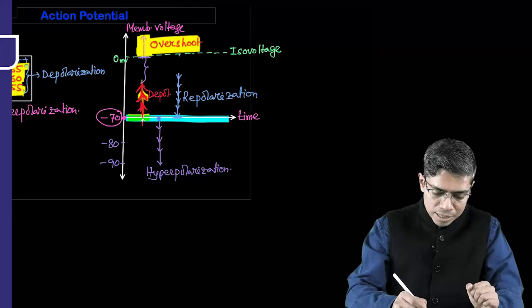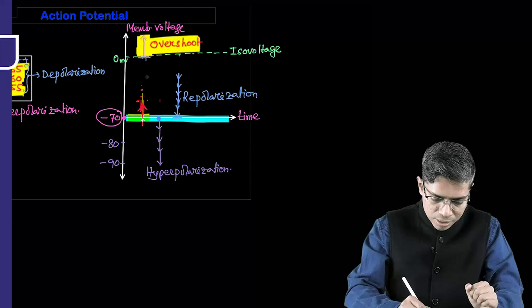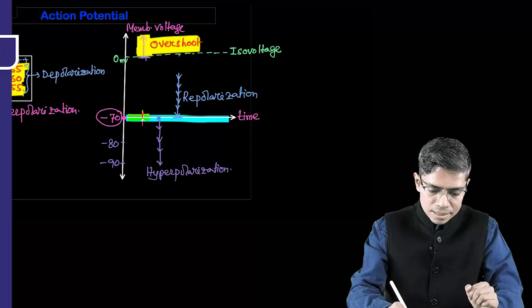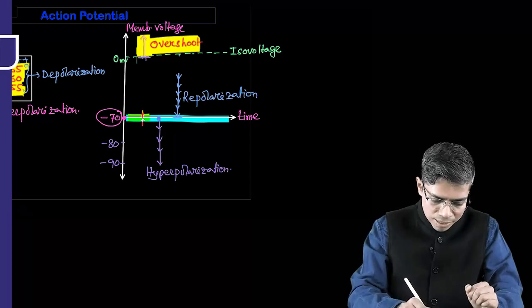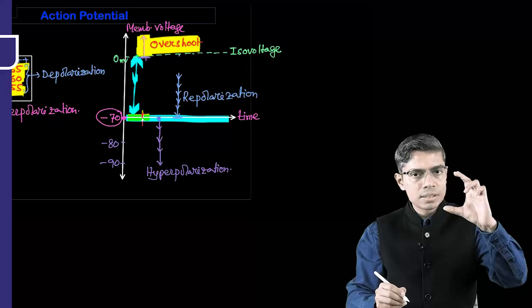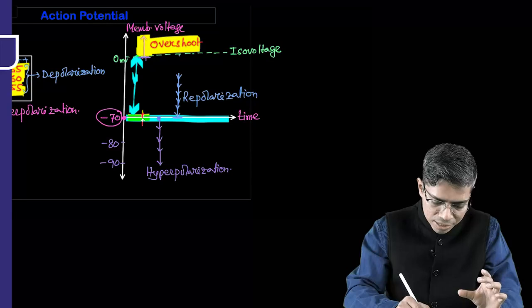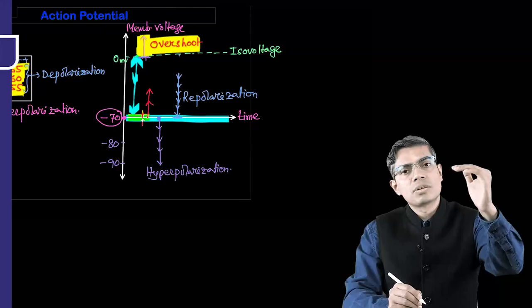Suppose your membrane voltage is at minus 70. From this iso voltage, if I measure the distance, this is the distance, from zero voltage to membrane voltage. Now when the membrane voltage is going for depolarization, it is getting close to the iso voltage.